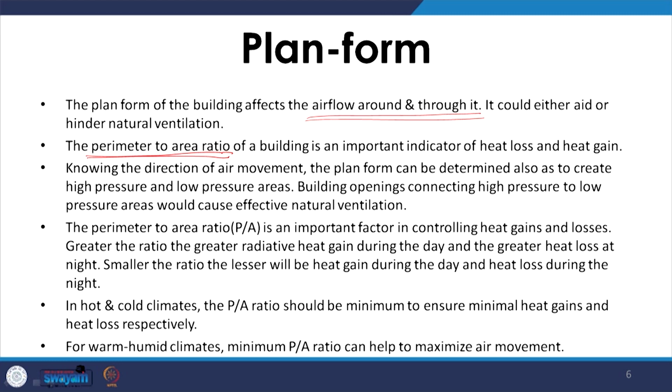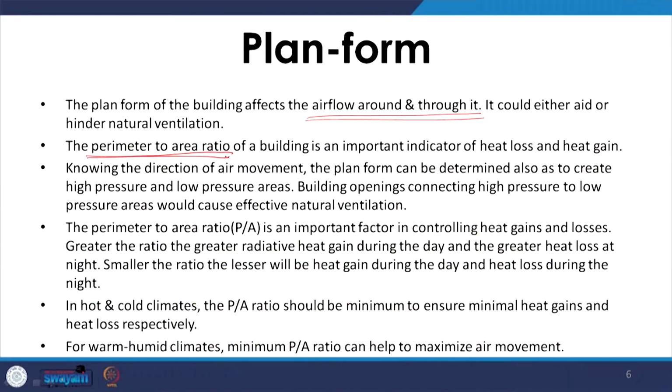Perimeter to area ratio also relates to surface to volume ratio, not exactly the same, but directly proportional. We look at the perimeter to area ratio because it is an important indicator of heat transfer. It could be loss or it could be gain. So, these are the two reasons why we talk about the plan form.